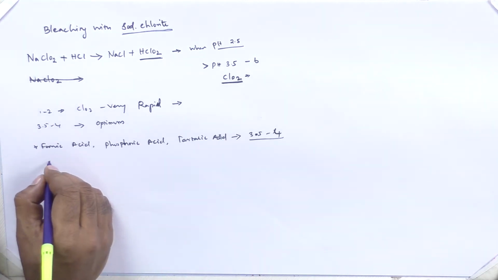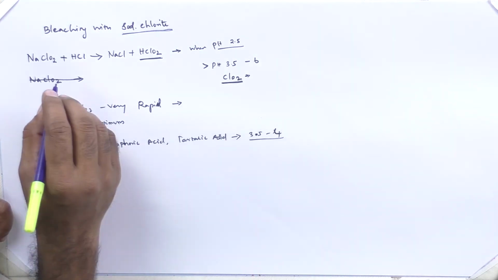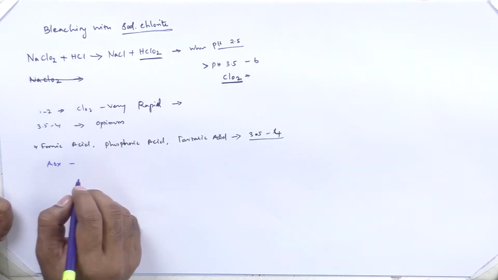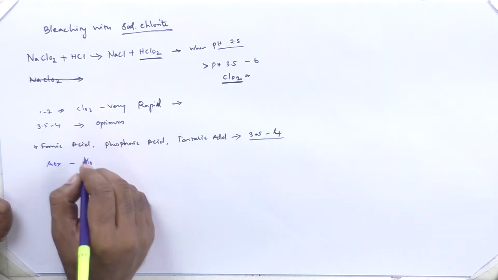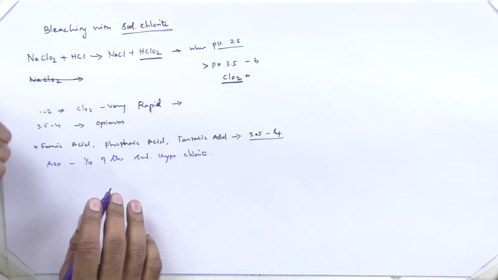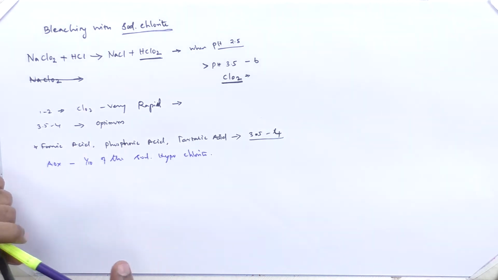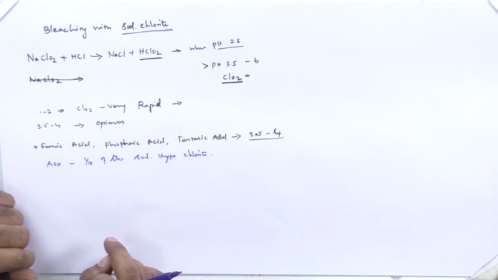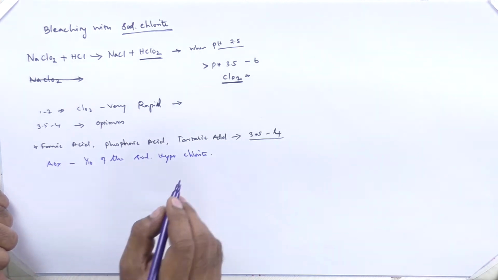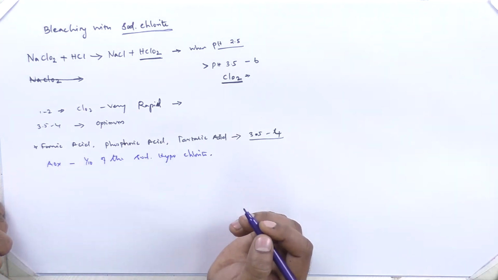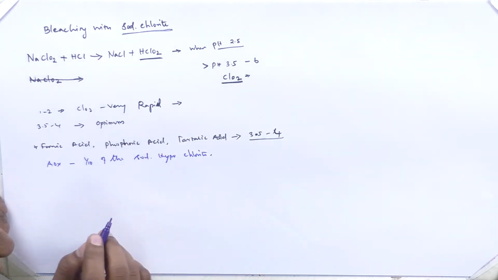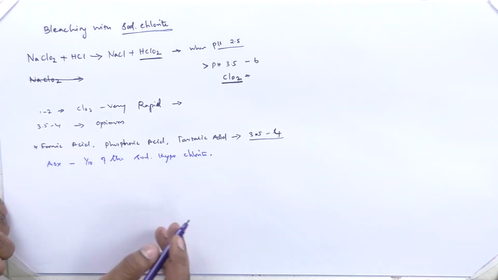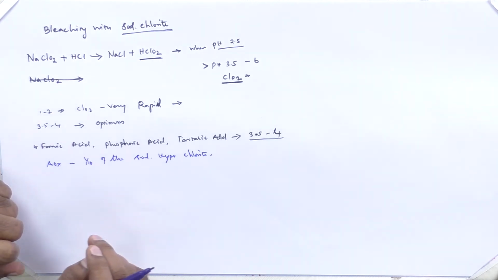The AOX produced by this method is very low when compared to sodium hypochlorite, so it is one tenth of the sodium hypochlorite. And the removal of motes is very good in the case of sodium chloride when compared to sodium hypochlorite.